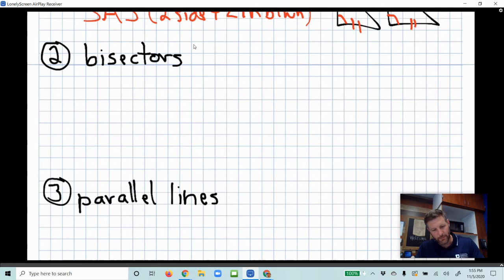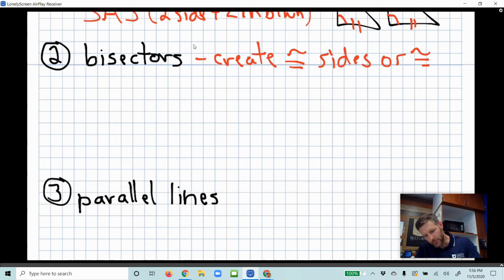And that is because bisectors create either congruent sides or congruent angles.